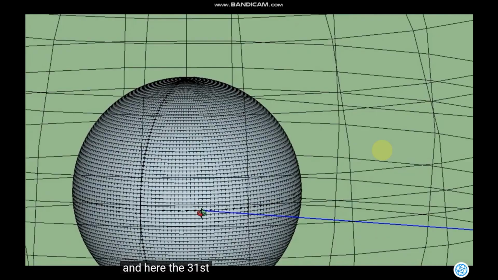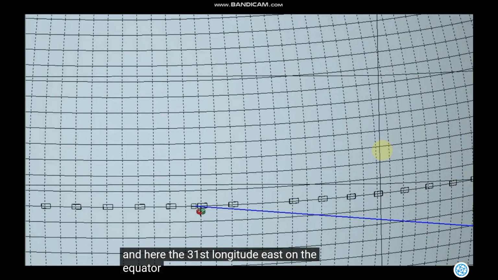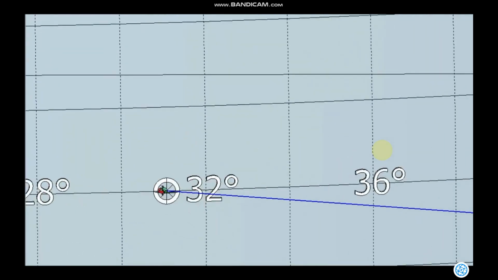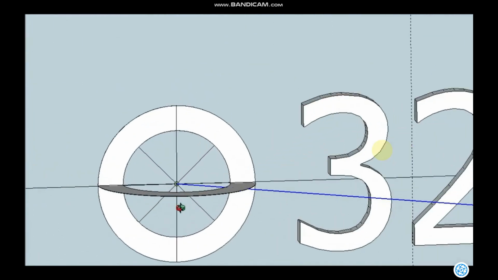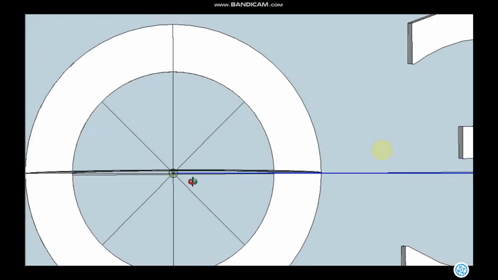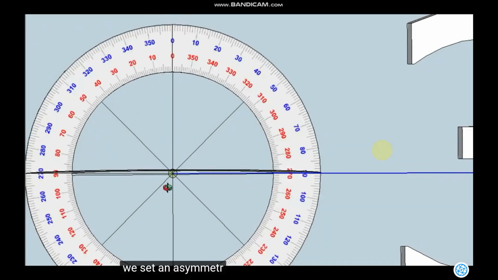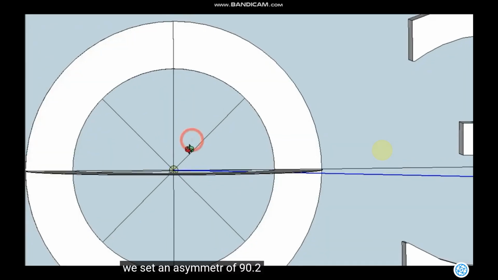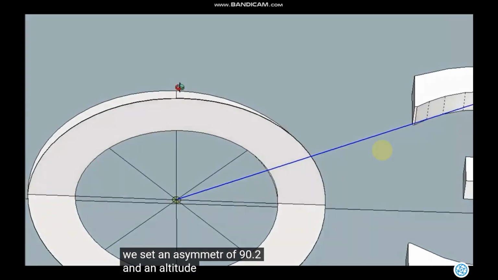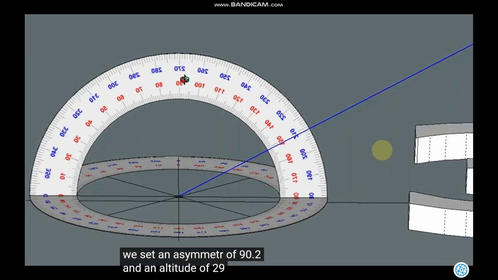And here the 31st longitude east on the equator, we set an azimuth of 90.2 and an altitude of 29.